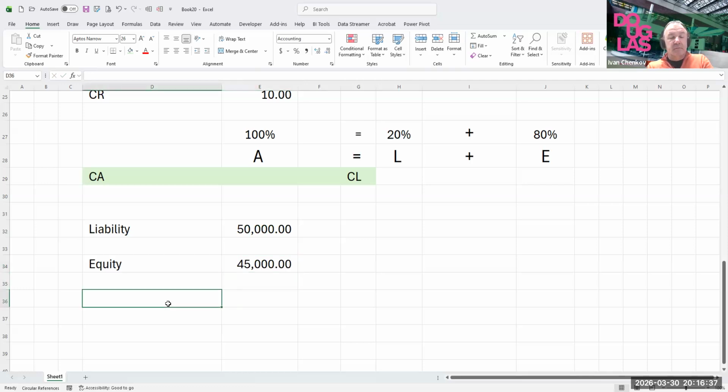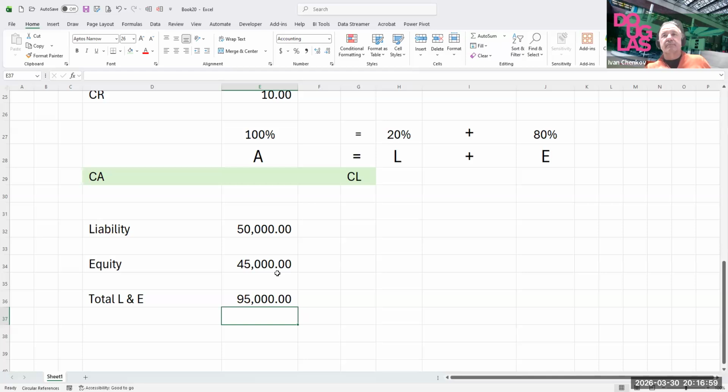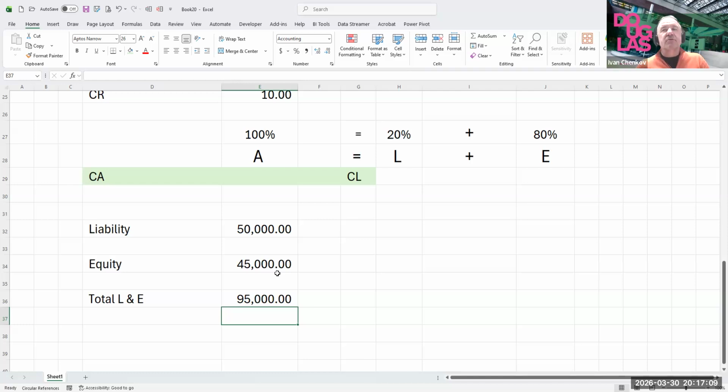My total liability and equity is 95. How much should be my total assets? If my total liability and equity is 95, how much are my total assets? 95. Why did it take you so long? It should be just natural, 95.